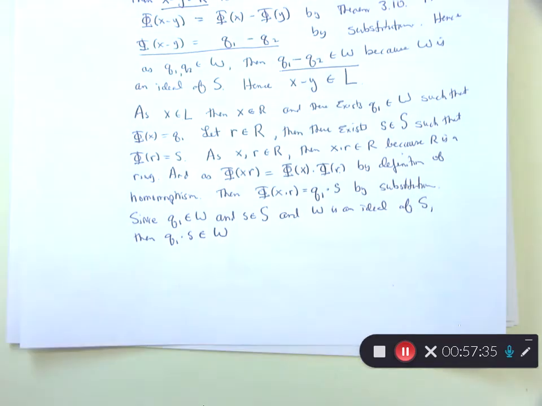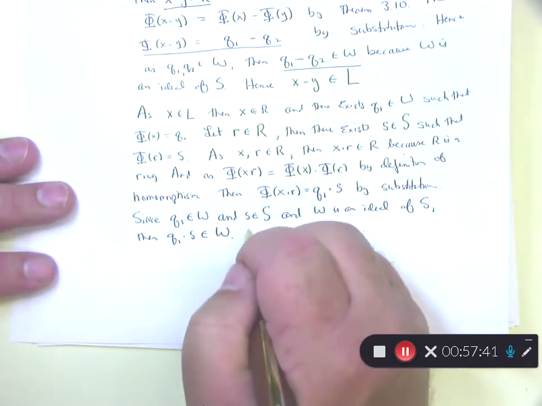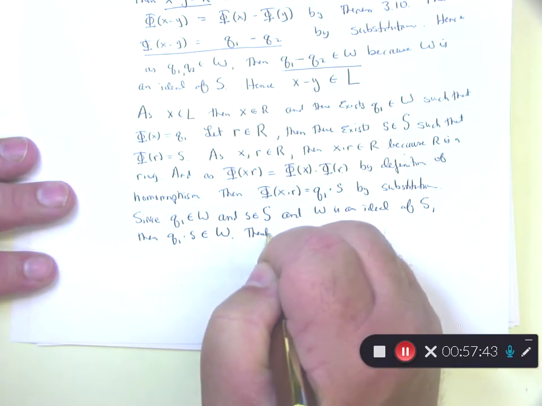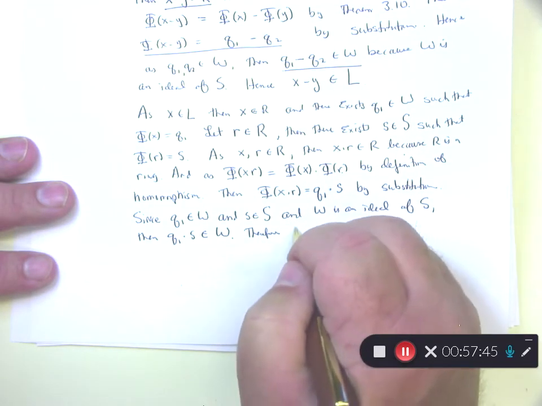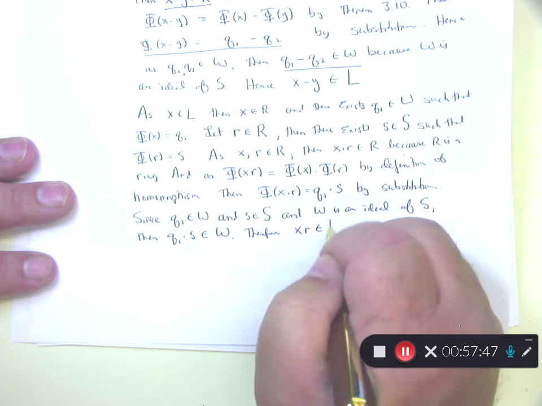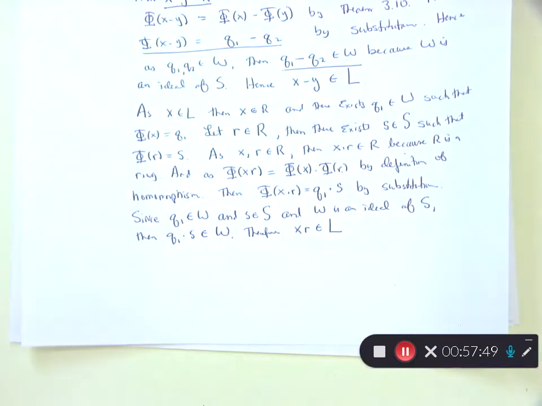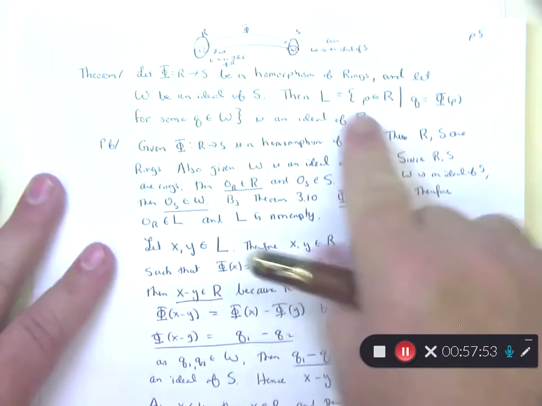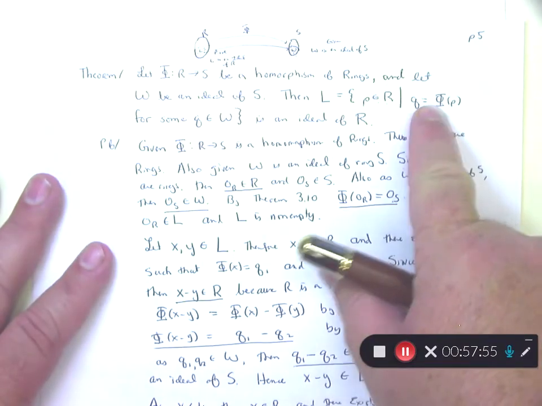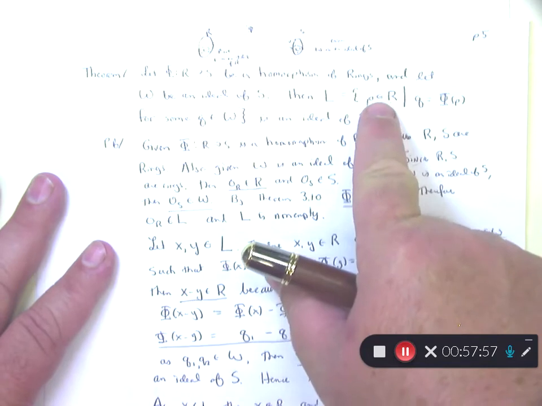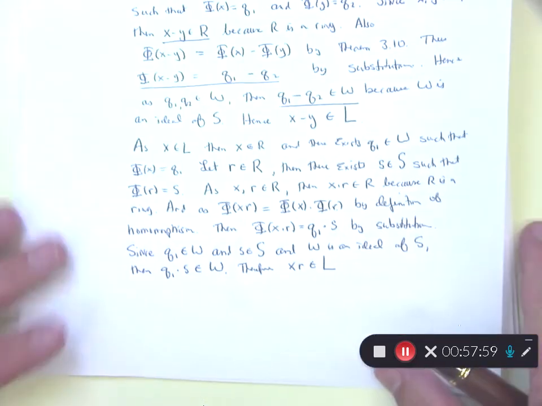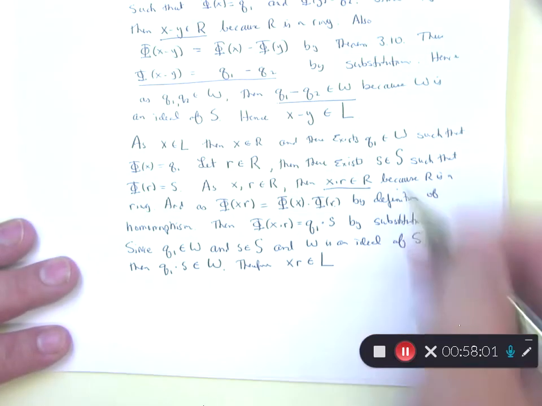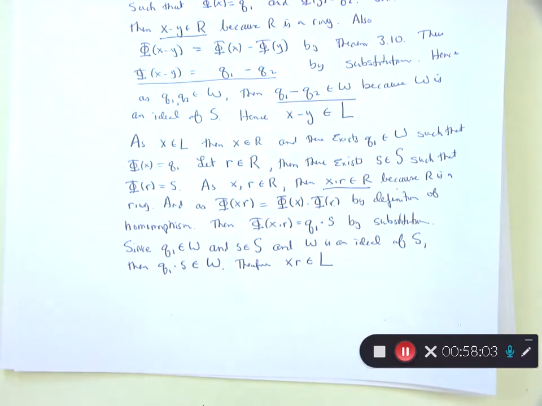I'm being very specific of where I'm using W as an ideal. So, therefore, x times r is an element of L. Again, I want to underline the importance of, I go back to that structure of L. To be from L, you've got to come from R. x times r came from R. There she is right there, statement and reasoning.